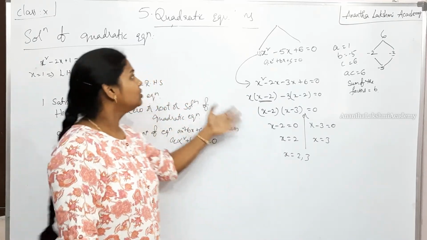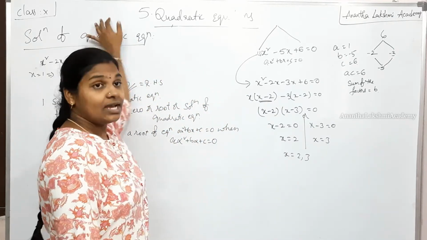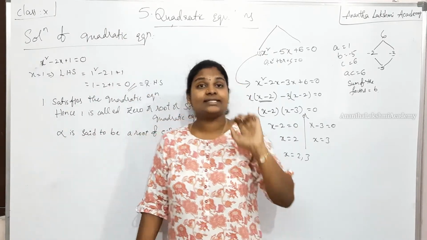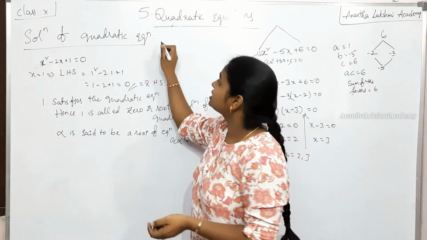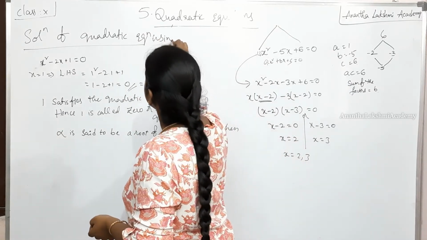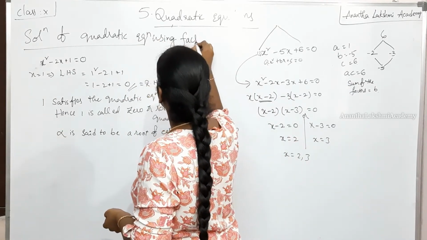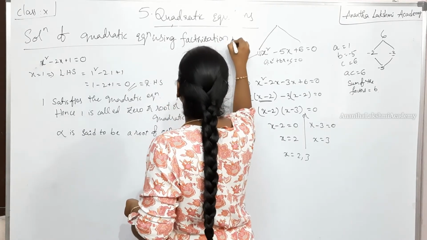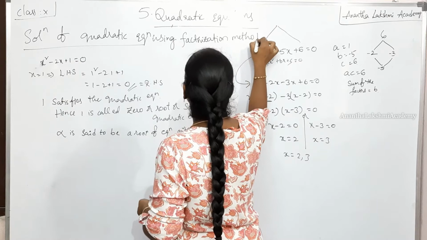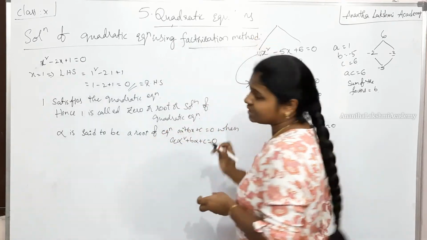So that is about the concept that is needed for us to solve the exercise 5.2 problems. This is solution of quadratic equations using factorization method. We have discussed the factorization method as well, right? So how are we going to figure out these solutions using the familiar factorization method?